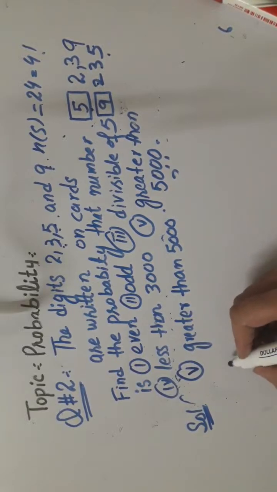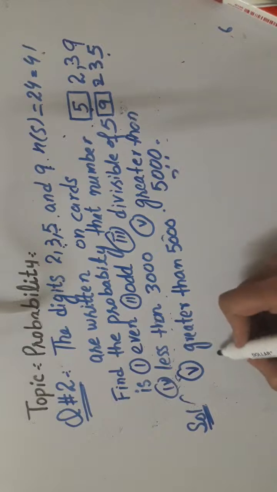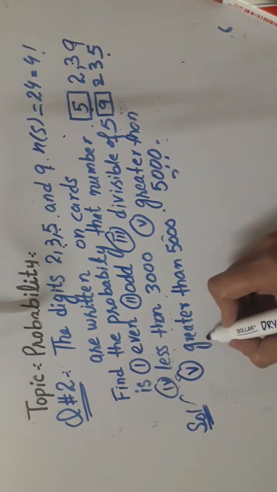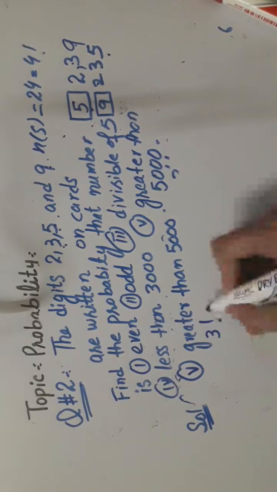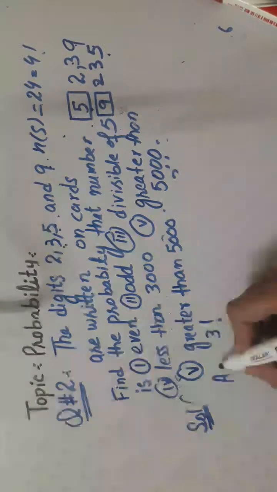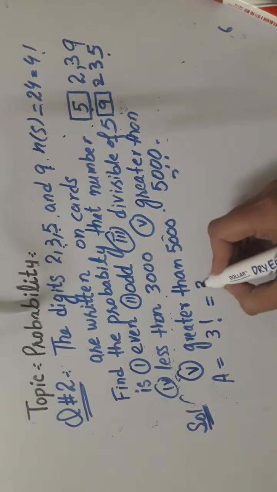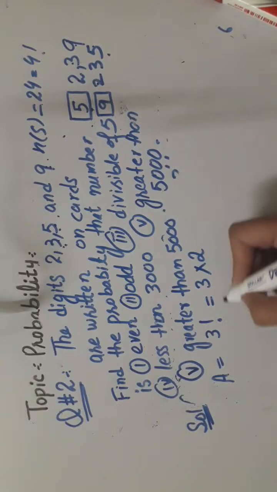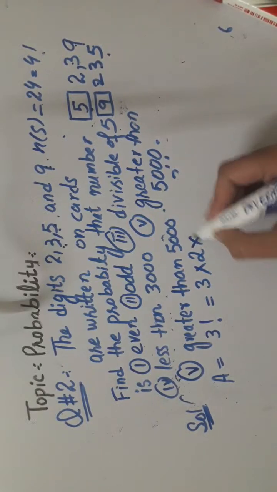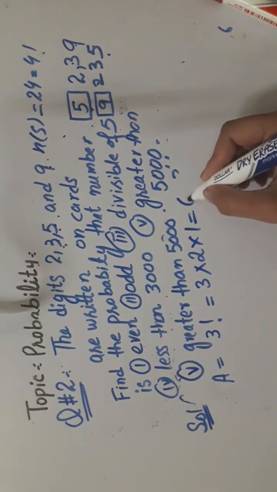So the number of favorable outcomes is 3 factorial, A is equal to 3 multiply 2 multiply 1, which is equal to 6.